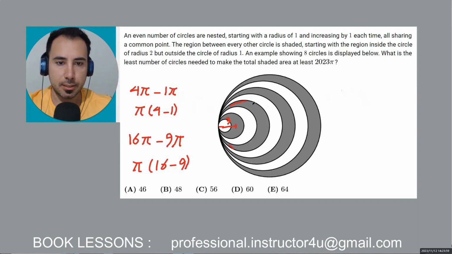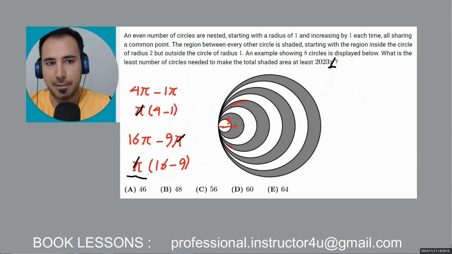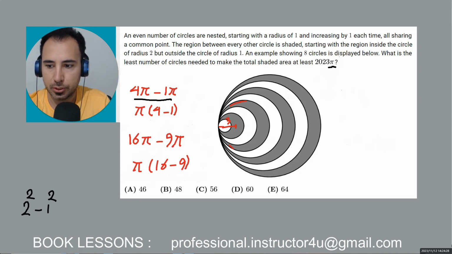Now, as these circles continue, these numbers will also continue. But one thing, you see that now the final result has pi. These have pi's. So this pi will be canceled by all the pi's that we're going to add. So I'm going to ignore writing them. Okay. So the first one, I'm going to write it like this, 2 squared minus 1 squared, for the first two circles.